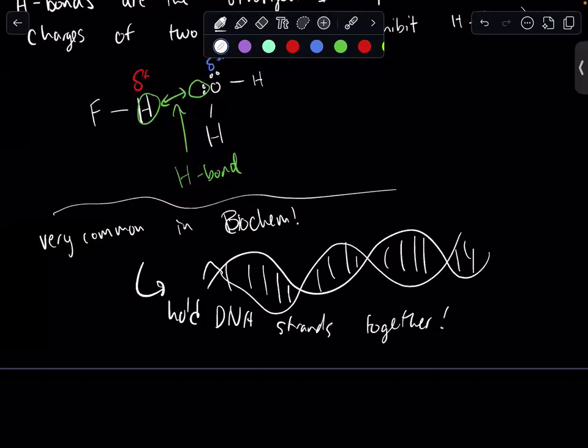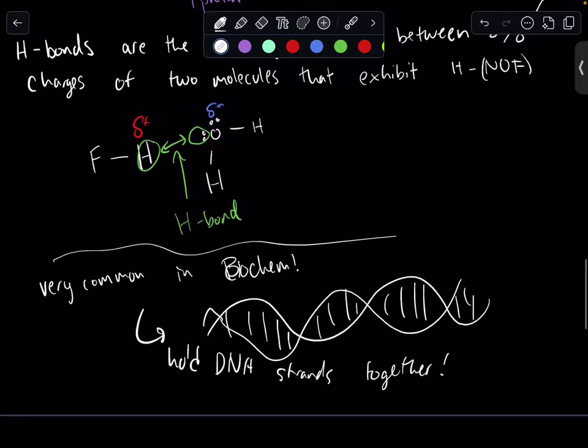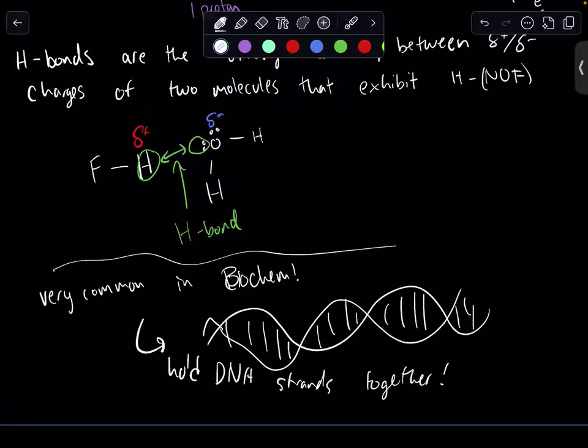So hydrogen bonds are very, very important for this type of chemistry and biology, as well as they're going to be used throughout the rest of our term as we learn about more different forces, more different ways that molecules can react and interact, as well as when we move into organic chemistry, hydrogen bonds are going to be very critical to this.